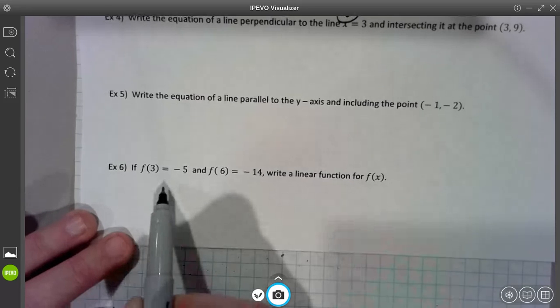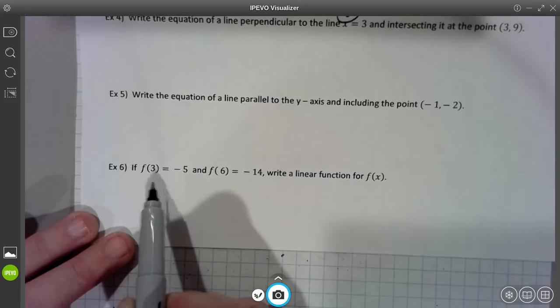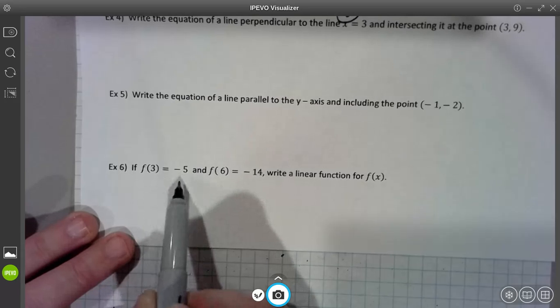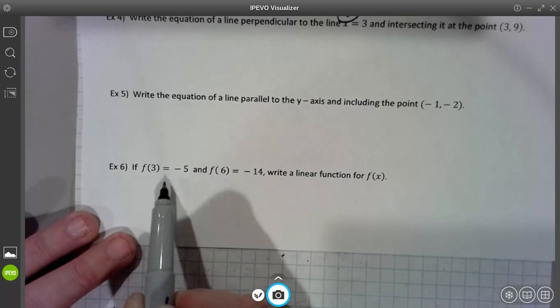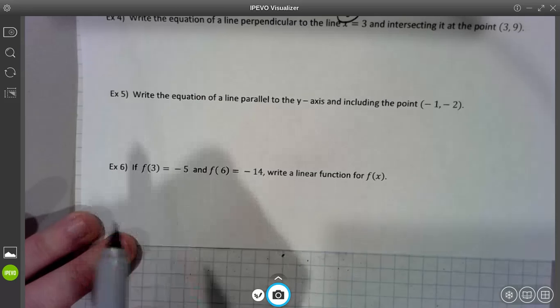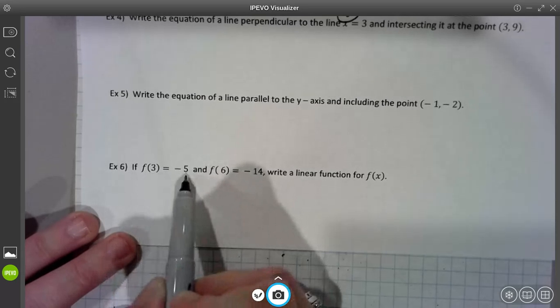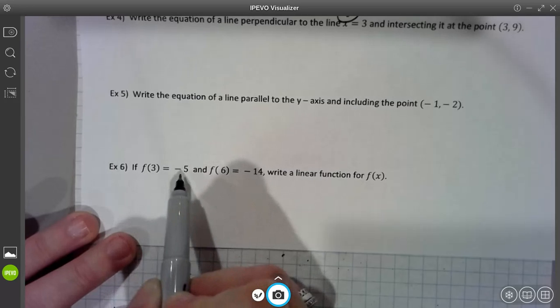So remember, I've kind of been training you guys for this. Anything that is written in function notation can be translated into an ordered pair. So I've been asking you guys in your notes, your homework, and even your quiz to rewrite function notation as an ordered pair. Remember, a number goes into a function and then a number comes out. X always goes into the function and Y always comes out.